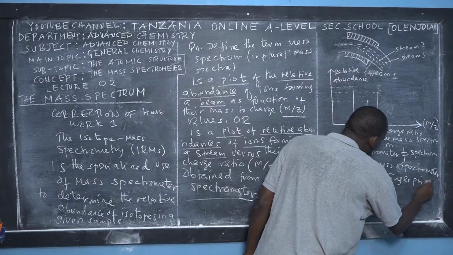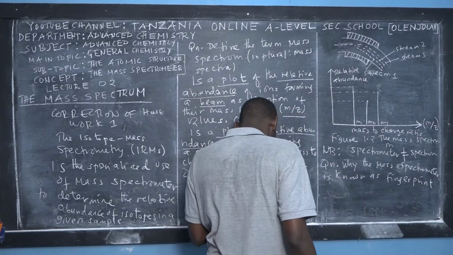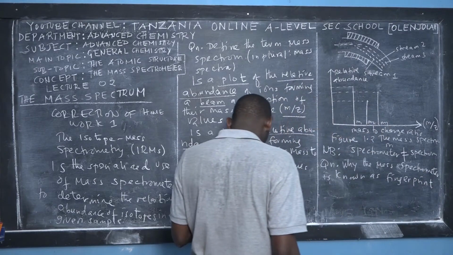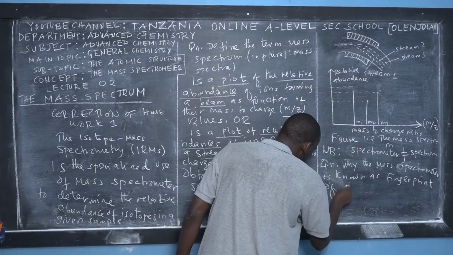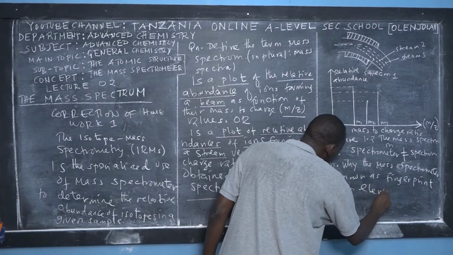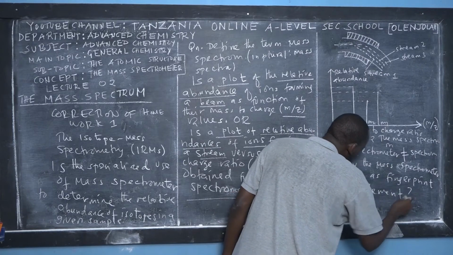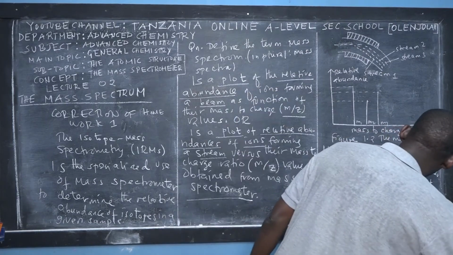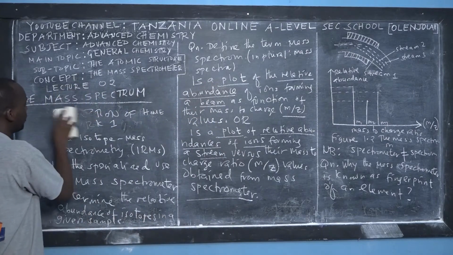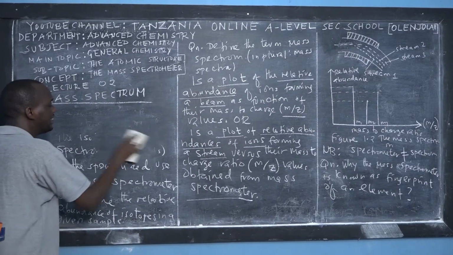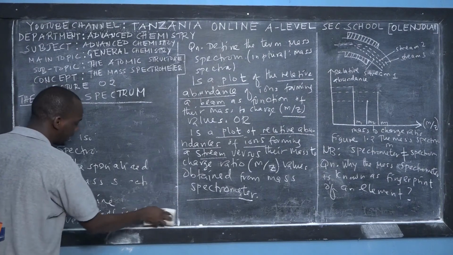Fingerprint. Why is it the fingerprint of an element? This is a very interesting question. I want to give you the response. Can you take a minute to think before I give you the response?